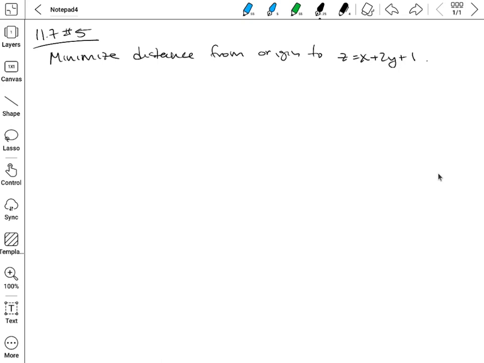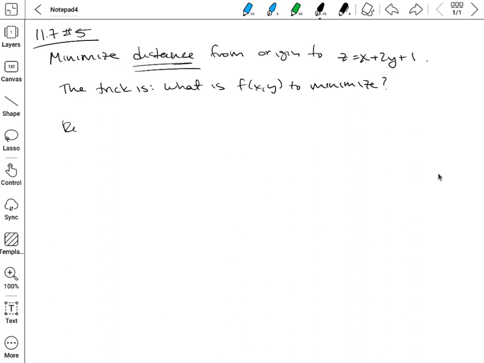And so this is going to be an optimization problem, but just instead of being given a very clear f of xy to minimize, there's a couple extra steps in this one. And so the way the problem's written, we know that somehow it's going to be related to distance.